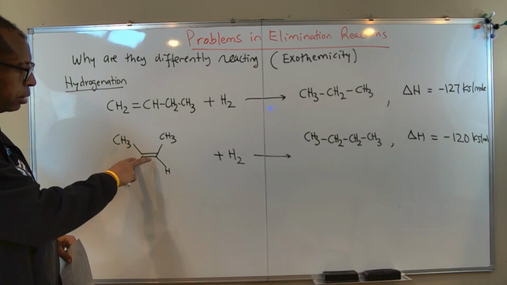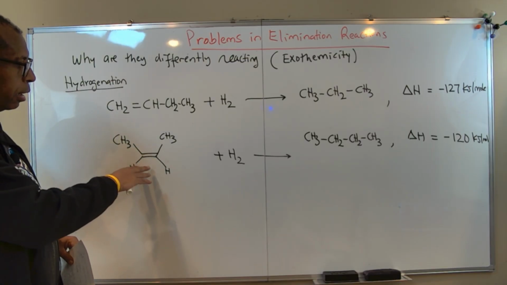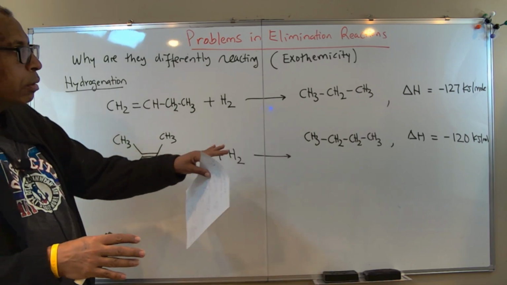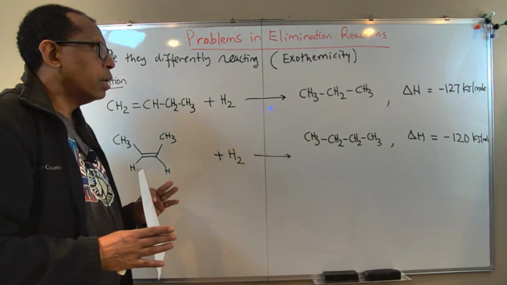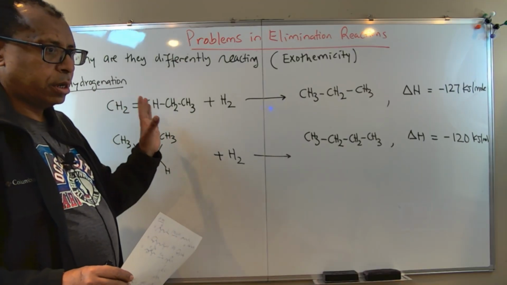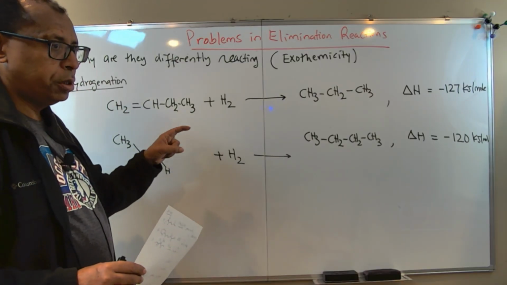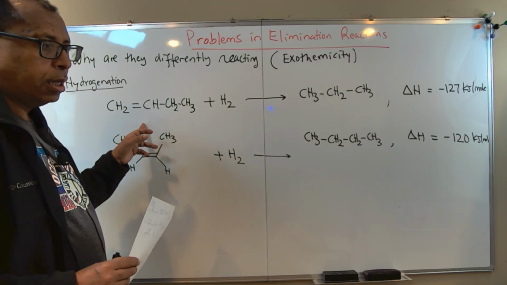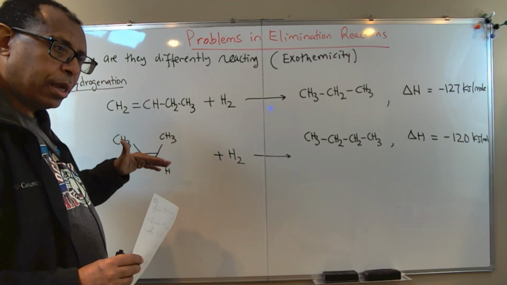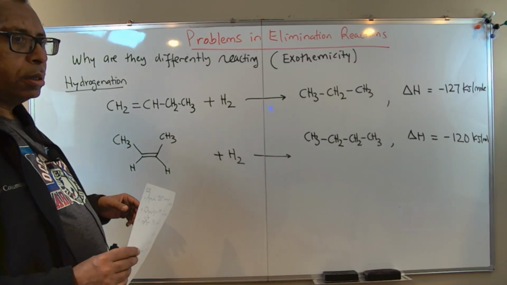a disubstituted alkene converted to saturated alkanes. Here in this question, it's not more of the reaction. Of course, we'll deal with the reaction. It's a hydrogenation reaction of an alkene, meaning that hydrogen is being added to the double bond.